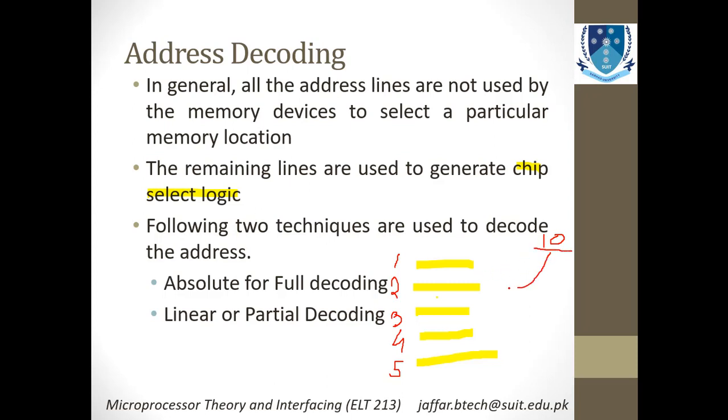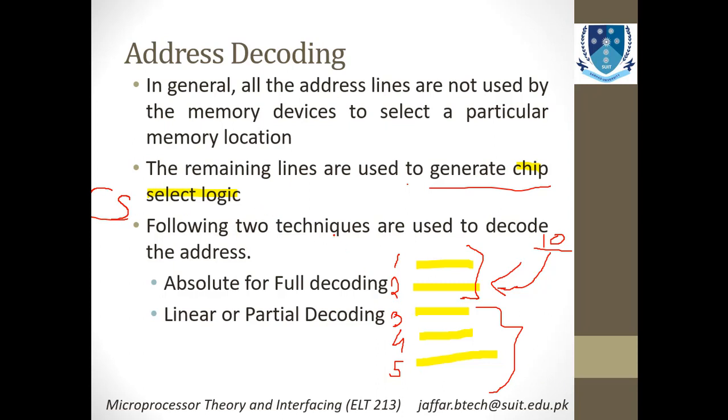To access 2 you will only need 2 address lines, so these 3 lines will be wasted. To overcome this deficiency, these remaining lines will be used as an alternative to generate the chip select logic. The CS chip select logic will be generated using these 3 lines.